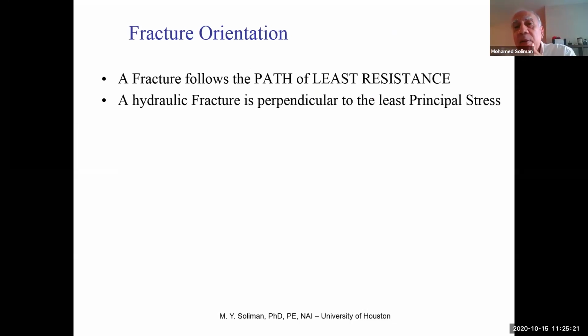If I ask you this question, you have to tell me it is perpendicular to the minimum stress, not parallel to the highest stress. Mathematically they are different. When I ask what the orientation is, it is always perpendicular to the minimum principal stress.